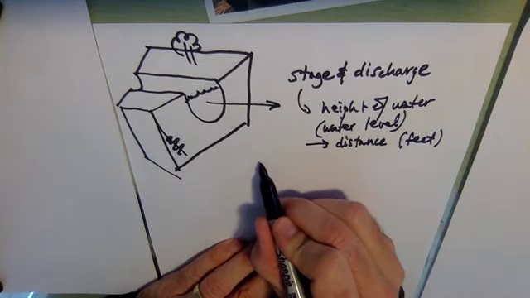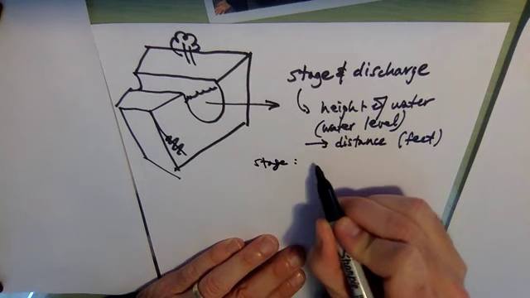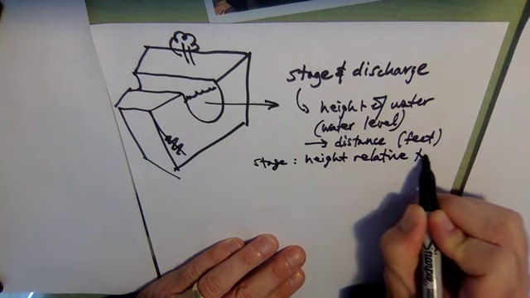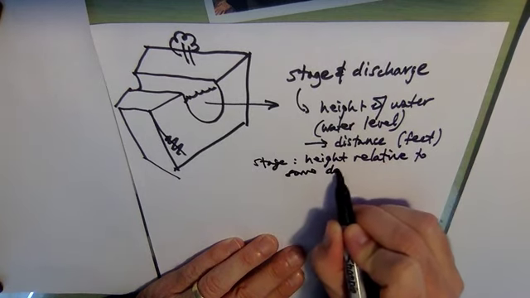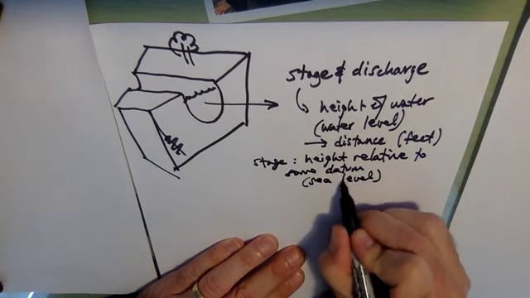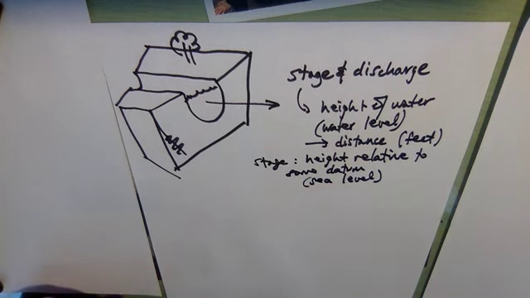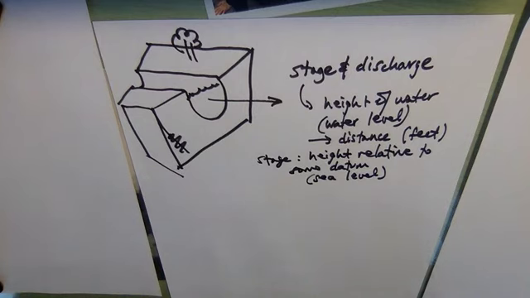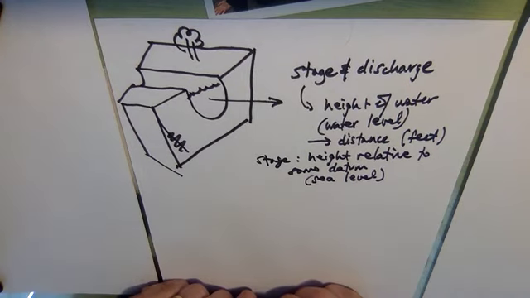So the stage is a height relative to some datum, some background level, and that can be sea level. In Iowa, maybe a stream is at 951 feet, or we could use a stage relative to the base of the bed. So a stream at 10 feet might mean there's 10 feet of water above the base of the stream at some bridge or some particular point.